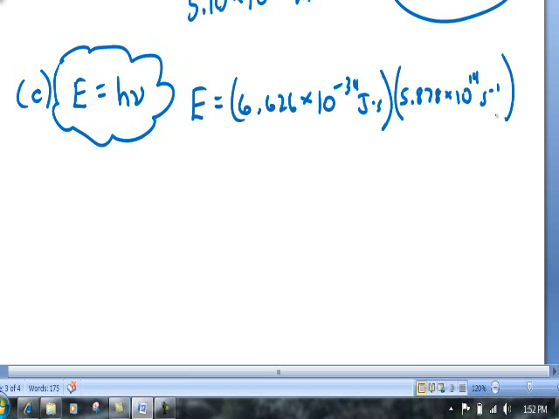Our energy for this single photon of light can be given by Planck's constant times our frequency of light that we just found. Solving for the energy of a single photon of light that has this particular frequency and wavelength, we end up with an energy of 3.895 times 10 to the negative 19th joules.